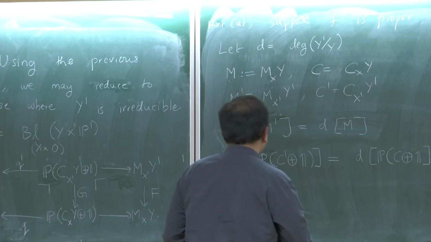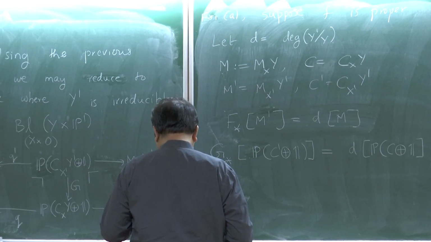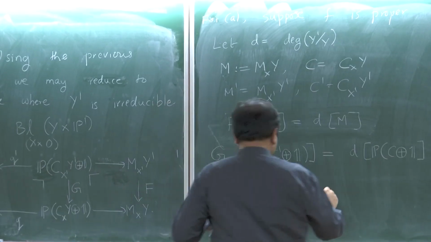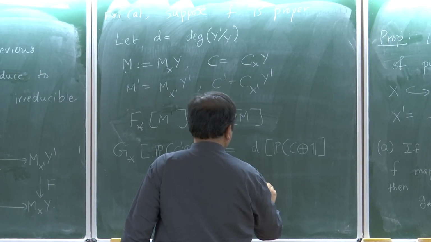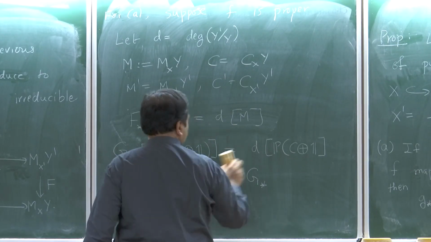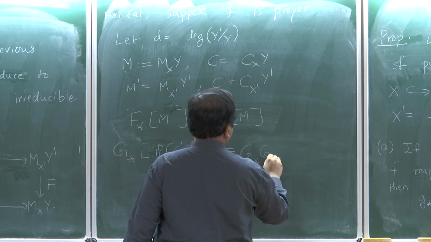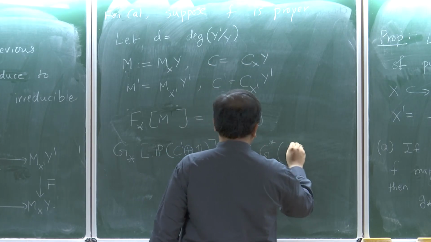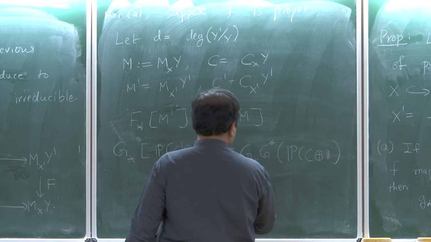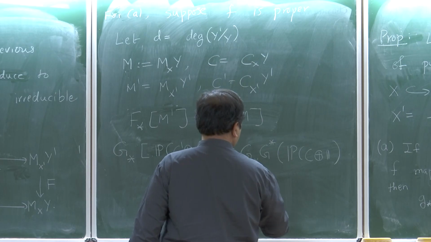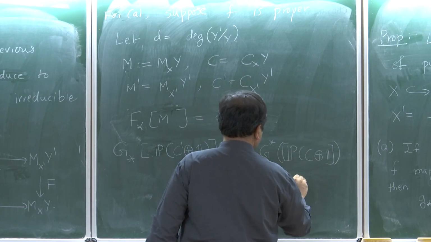This is fine, this doesn't require anything special. This is just because this is equal to G lower star of G upper star of P of C plus 1. So this is equal to D of C plus 1.